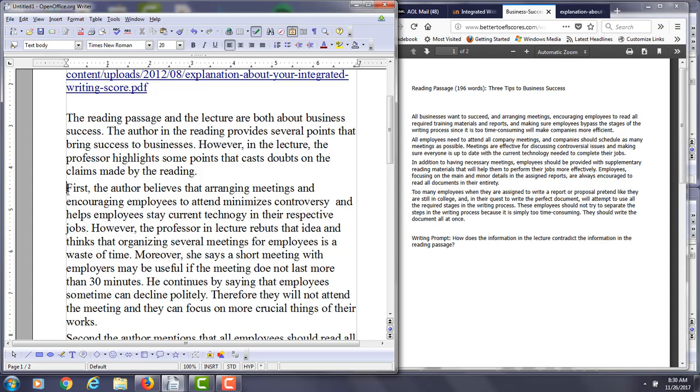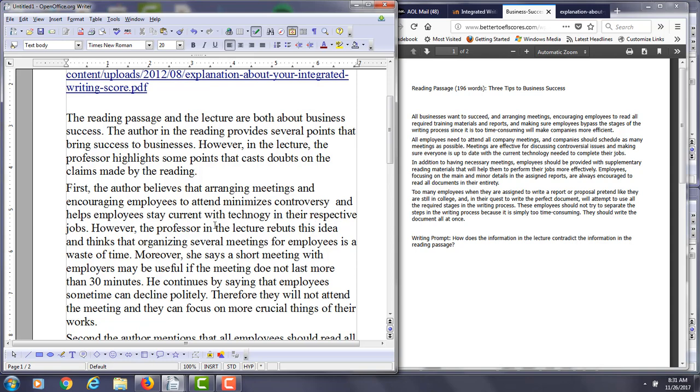So let's see what we did so far. Say the author believes that arranging meetings and encouraging employees to attend minimizes controversy and helps employees stay current with technology in their respective jobs. However, the professor in the lecture rebuts, I'm going to say this idea.